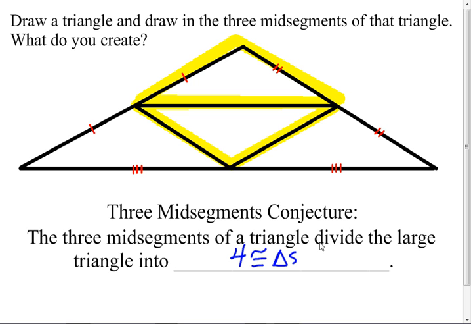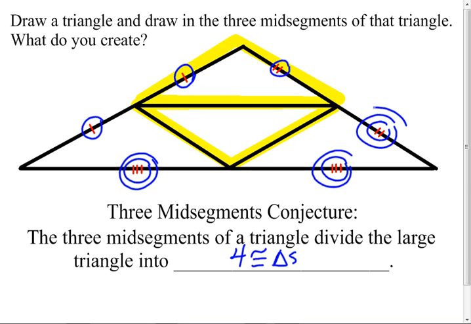We already knew these segments here were congruent because we joined the midpoints on all the sides. Actually, I better put different circles around these. So that's what midsegments will do. And you're going to get some angles here. What else is true? What's true about this segment and this segment?